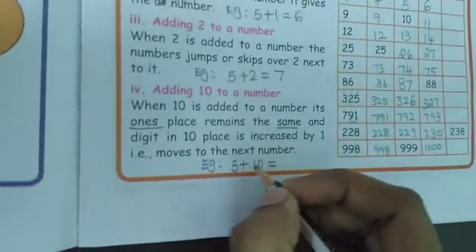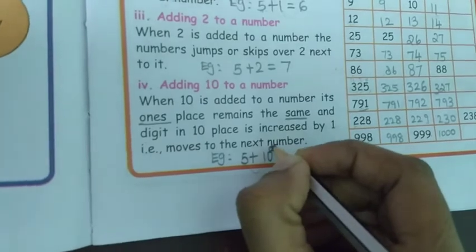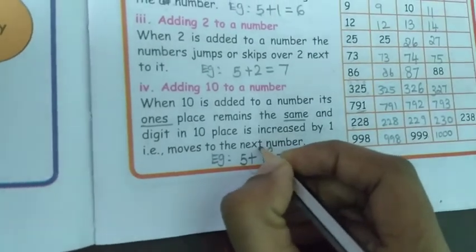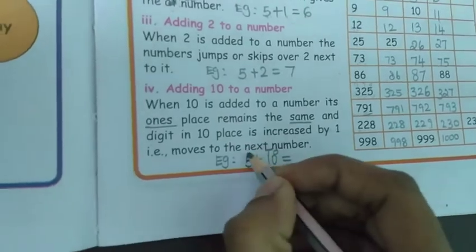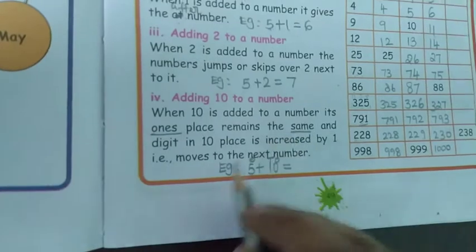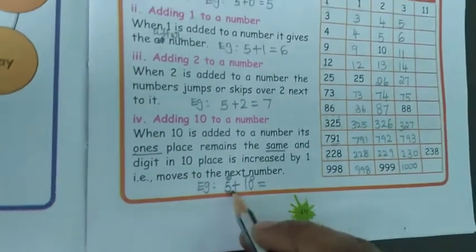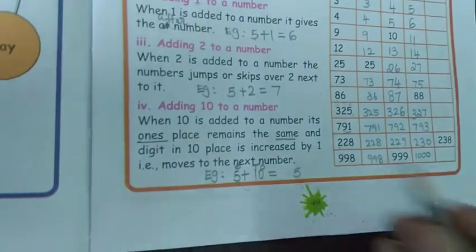First we put ones and tens. For 10, 0 is the ones place, and the number before it is tens. Now here, having only one number, so only ones place. Its ones place is the same. So what is the ones place? 5. So put the 5.